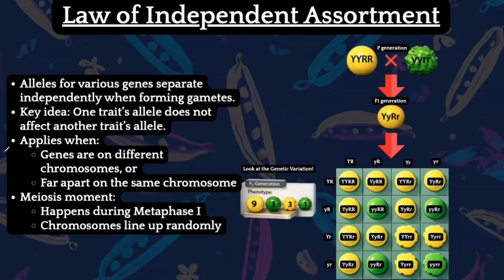Now we're going to focus in on the law of independent assortment. If you remember, in the law of segregation, by the way, we talked about a monohybrid cross. So that is when we had a single lettering and we tried to do a cross with the 2 alleles per trait.